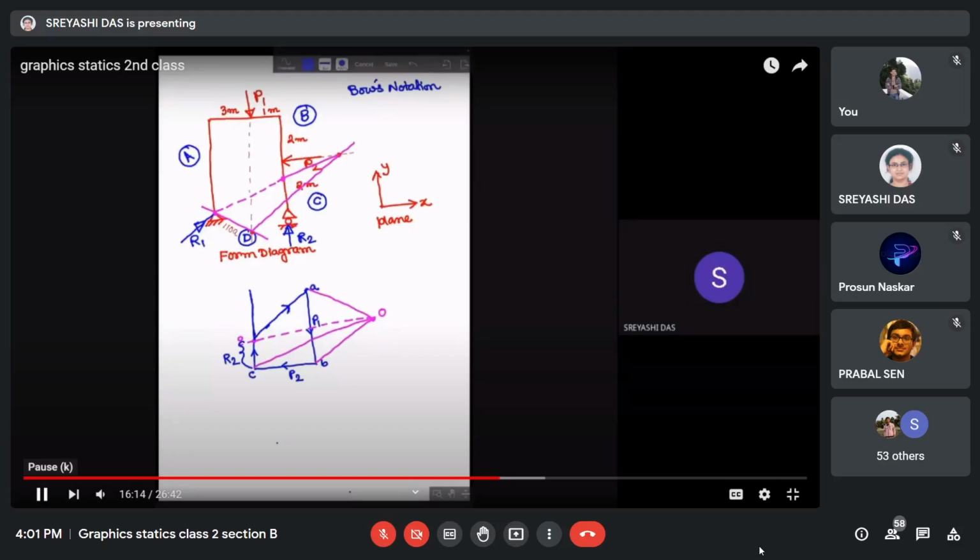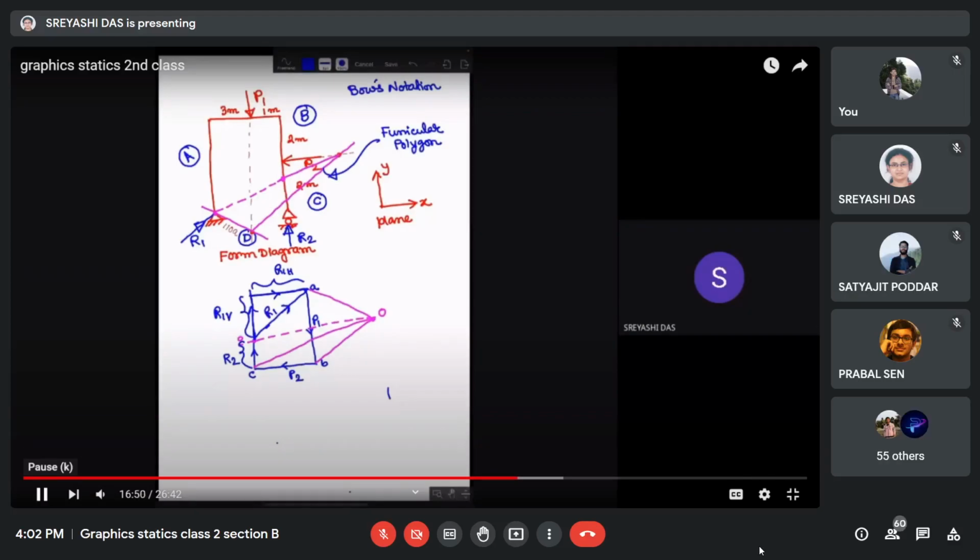And if we draw a horizontal line from A, it will be like this. So the horizontal component will be this, and the vertical component will be this, and this will be R1. Okay, so this diagram is the funicular polygon.